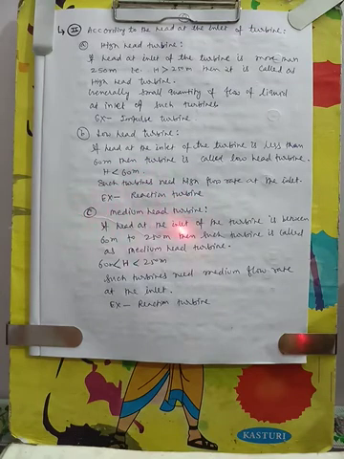Next one under this classification is medium head turbine. If head is between 60 meter to 250 meter, then such turbine is called medium head turbine. In these turbines, speed is medium and flow rate needed is also medium.